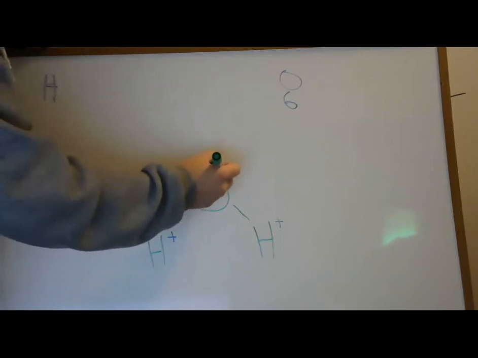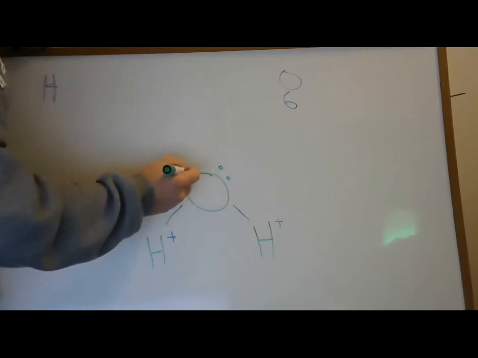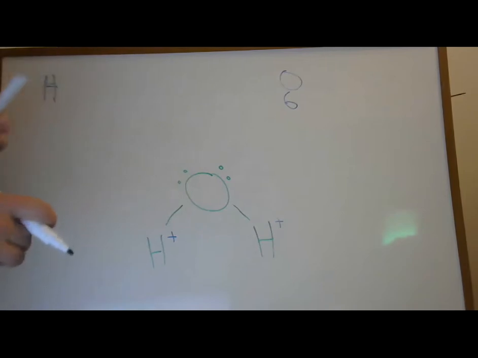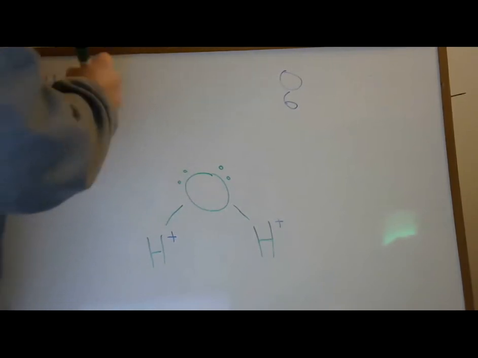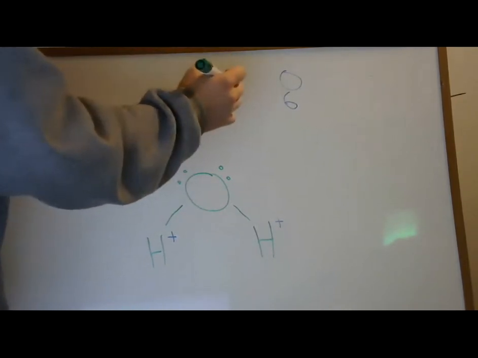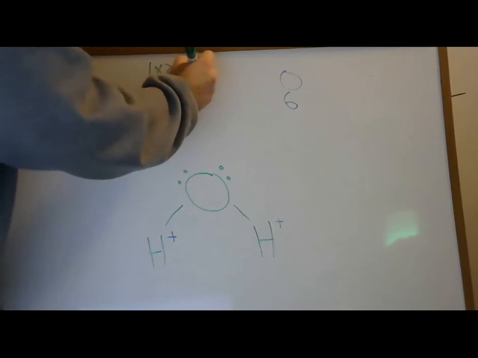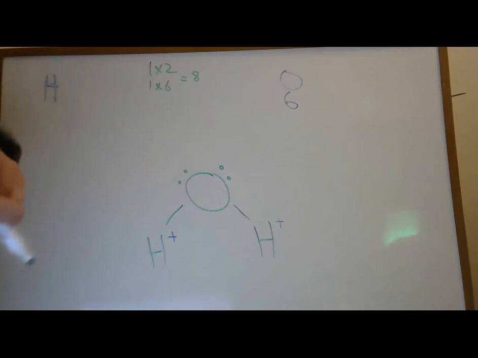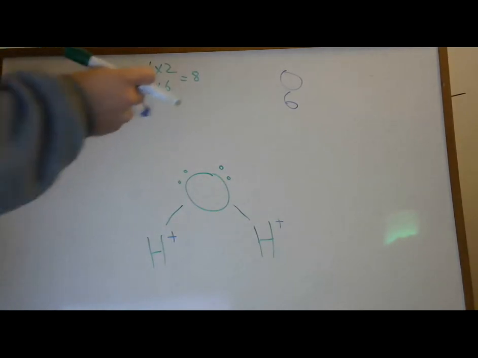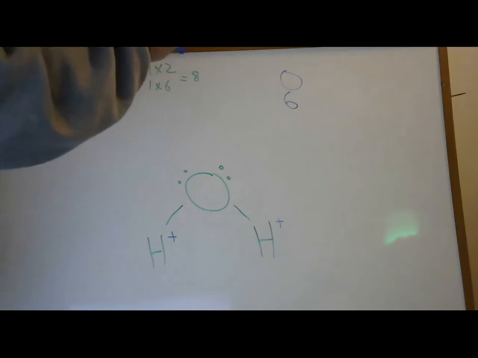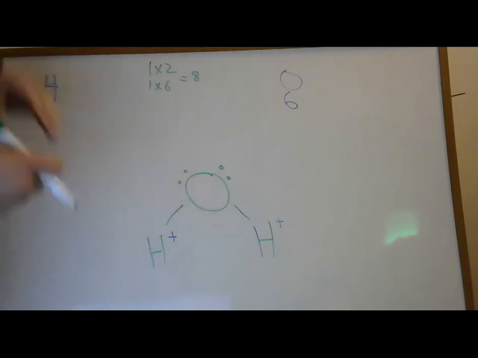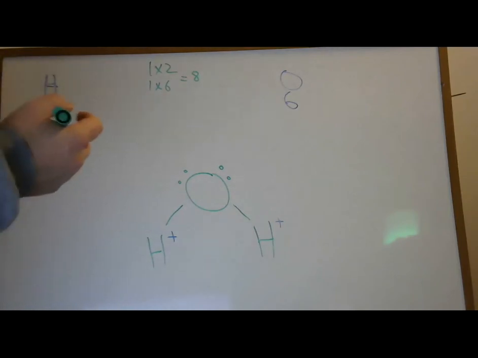So we have, how many electrons do we have? So we have 8 valence electrons. One, two, three, 4 bonding pairs, which gives us 8 valence electrons.